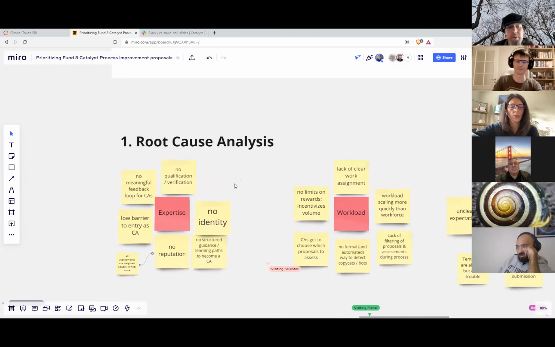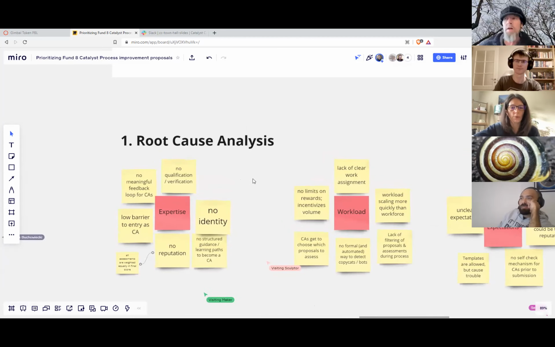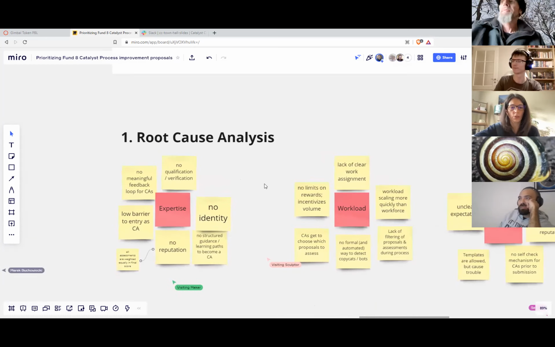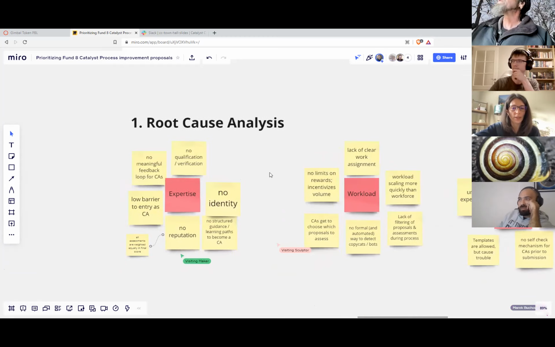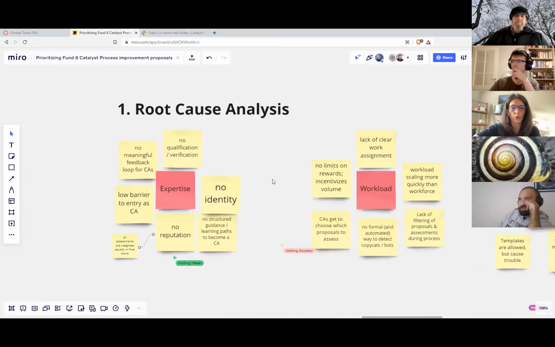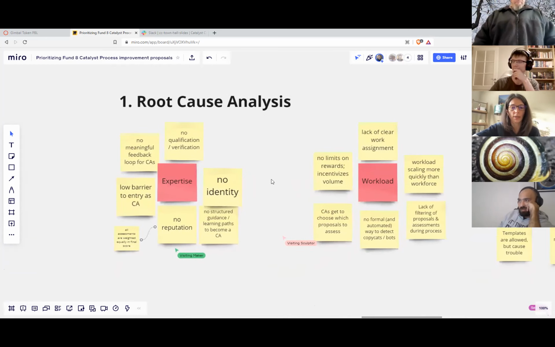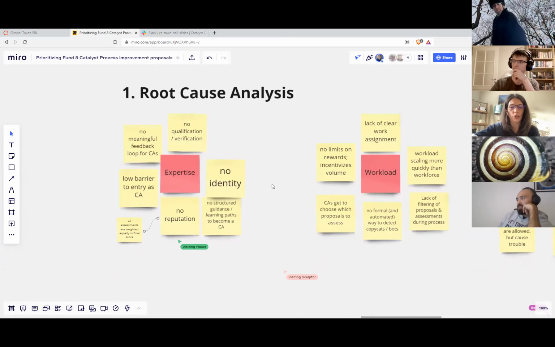Okay, great. So one of the root causes of these challenges is the expertise level. There's no identity for, I'm assuming, community advisors. There's no structured guidance or learning path to becoming a community advisor. There's no reputation, meaning there's no way to sense whether someone is there for the first time or has a lot of experience.